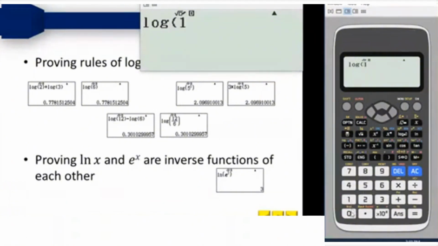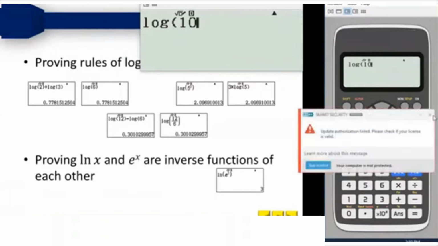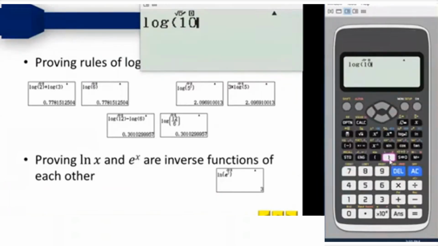So if I write 10 here and close the bracket, I still get 1. The log in the calculator without a base means log with a base of 10. Similarly, log with a base of 2 and power 2 would still be 1. I hope this is clear to all of you. So log with the same base and power is always 1.